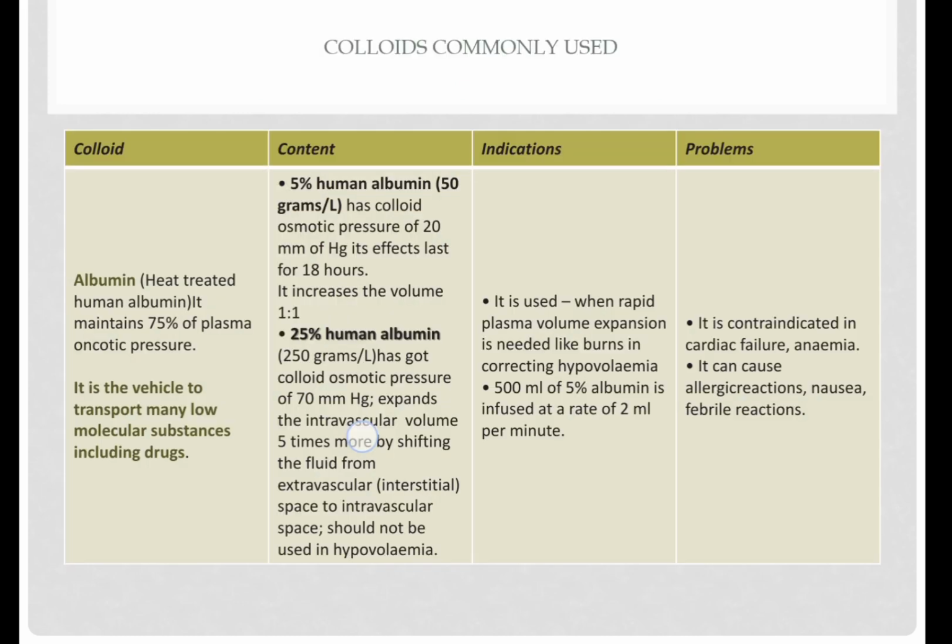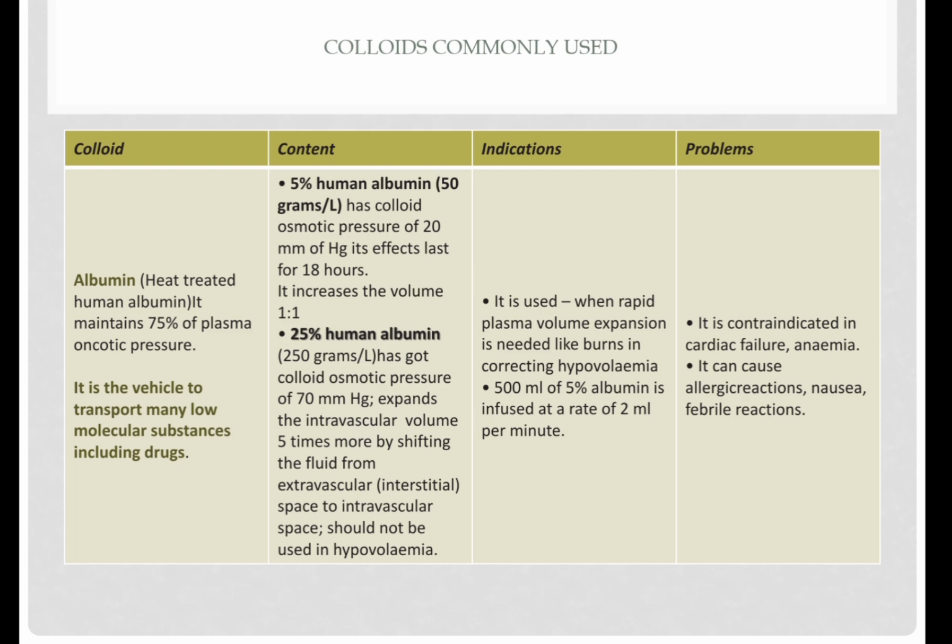Colloids. Again colloids, the albumin. The albumin is heat-treated human albumin, and it contains 75% of plasma oncotic pressure. It is the vehicle to transport many low molecular substances including drugs.